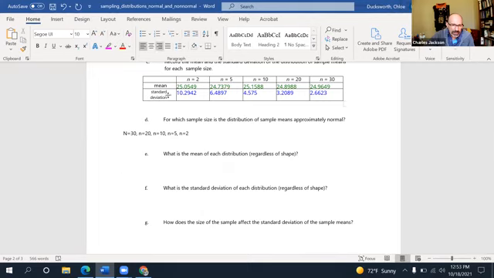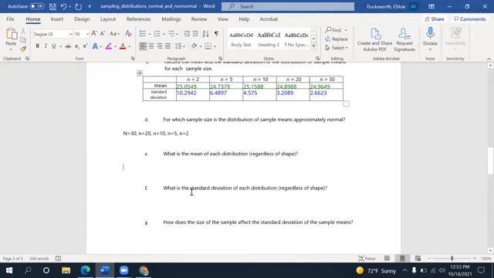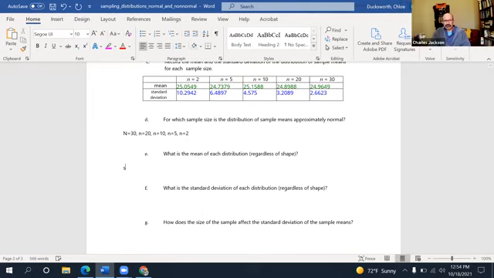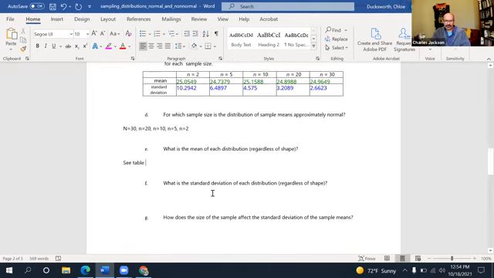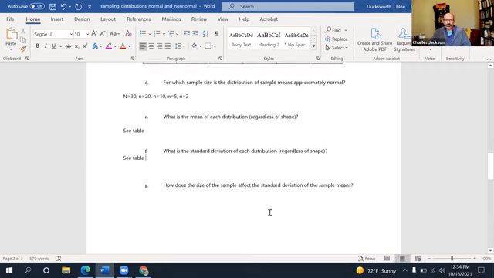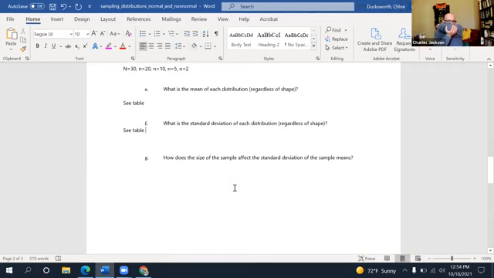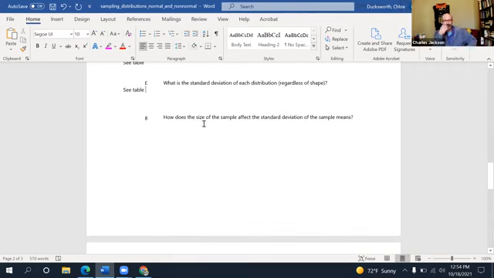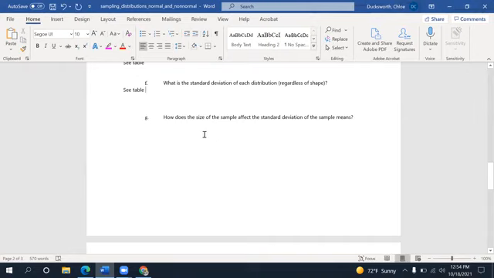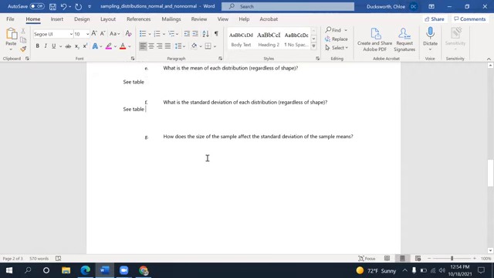I don't know why they are asking that question, because it's in the table. Yeah, exactly. You can just put see table. How does the size of the sample affect the standard deviation?